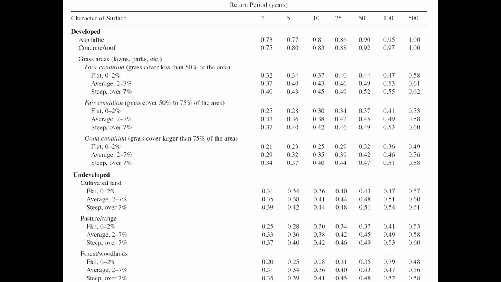And the lawn, a 4% lawn, so fair, average slope, 5-year storm, 0.36. So C equals 0.36. Rail yard, now this is a guess. Like, think about what's in a rail yard. Maybe some bare soil, maybe some rocky areas.